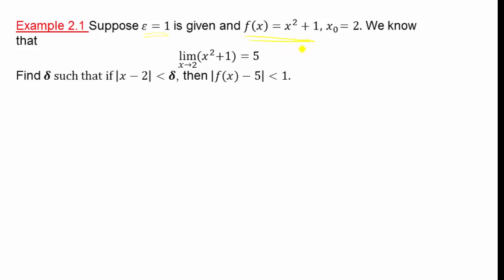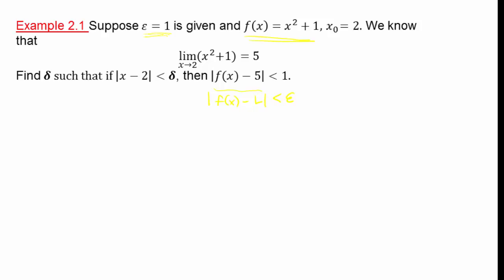Now the question is, if we're given an epsilon equal to 1, is there a delta such that for all x's such that the absolute value of x minus 2 is less than delta, then f of x minus the limit L is less than epsilon? In this case, our epsilon is equal to 1.